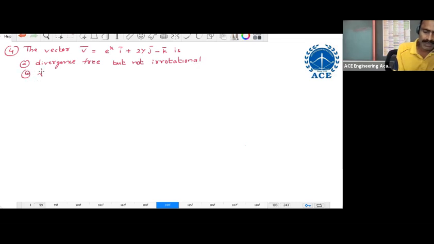Option B: irrotational but not divergence free. Option C: both irrotational and divergence free.